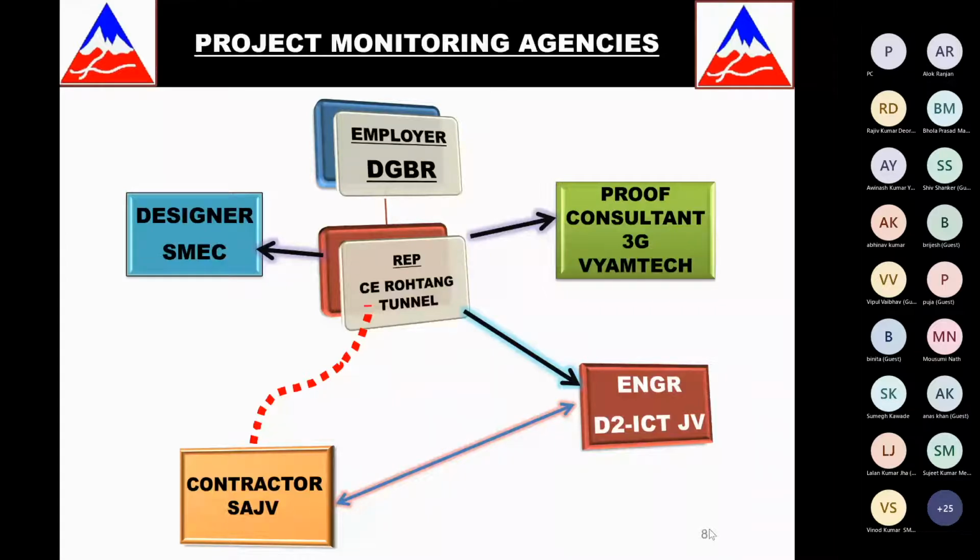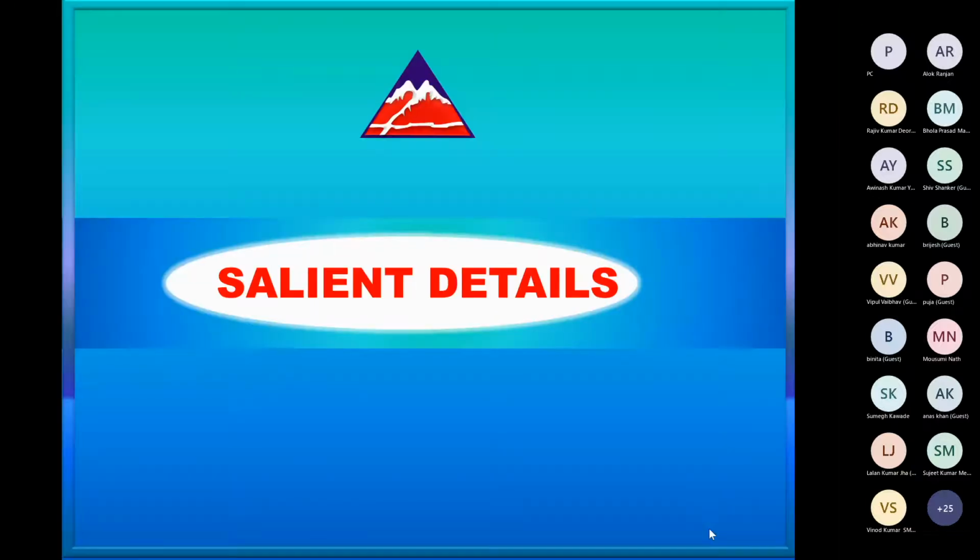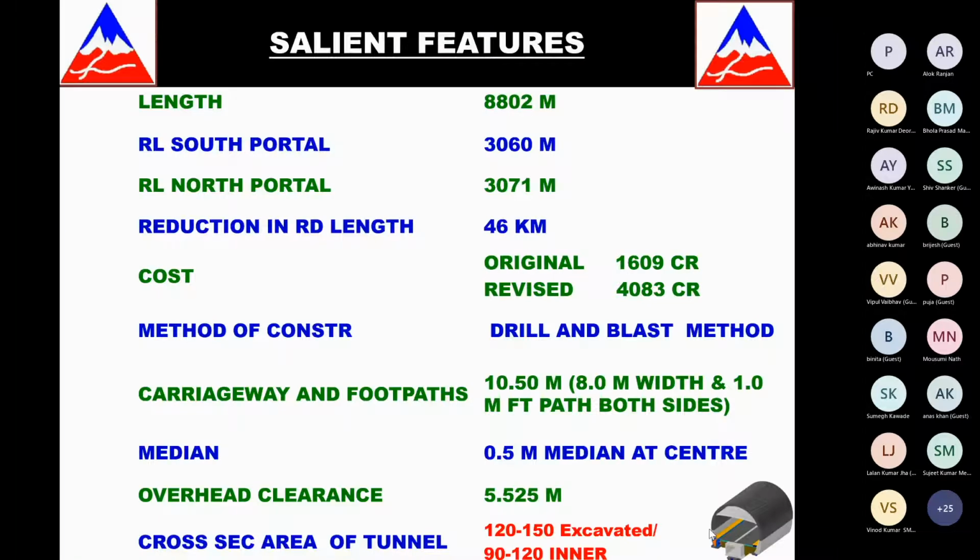We had contractors who were AFCONS, and we had an engineer team in international joint venture with PEMS and ICT, and we had a designer, SMEC, because this was a FIDIC Red Book system. The tunnel finally came out to be 9.02 kilometers, and both the south and the north portals were at about 10,000 feet.